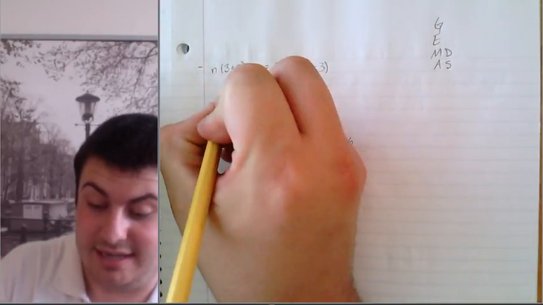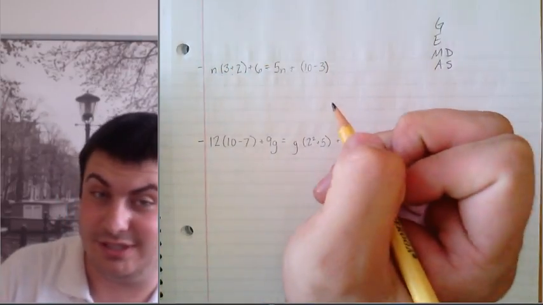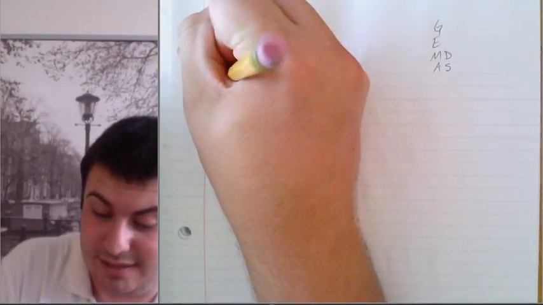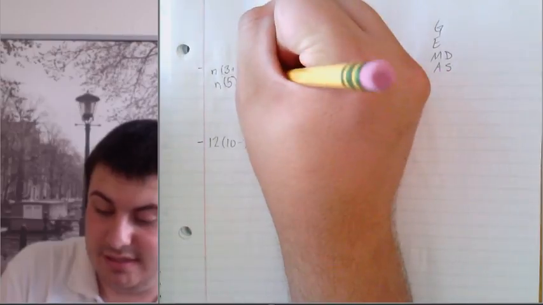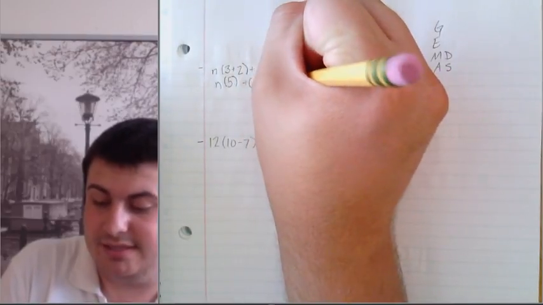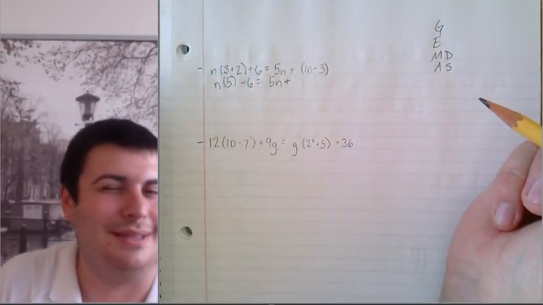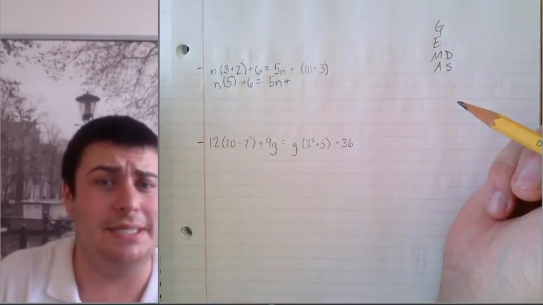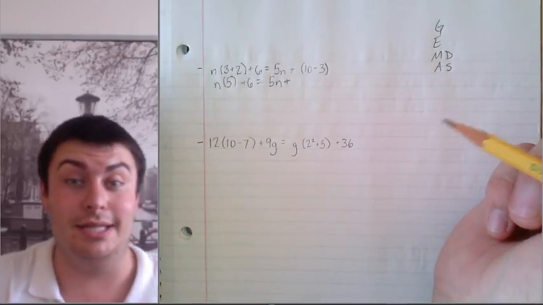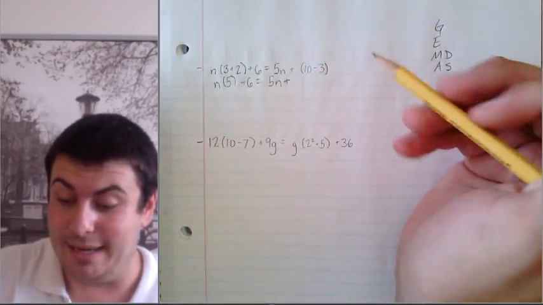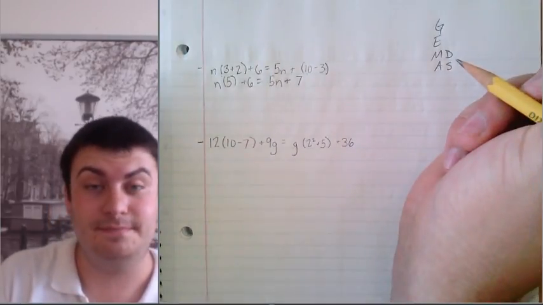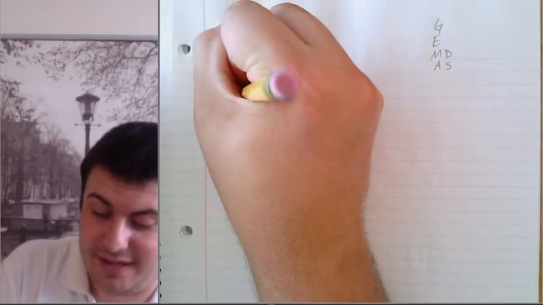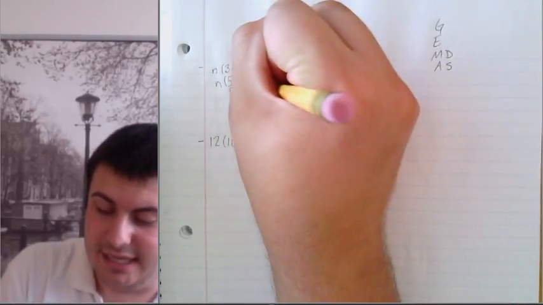So we have n times the group 3 plus 2, which, as I just gave away, is 5, plus 6 equals 5n plus... we can do this group at the same time as we did the other group. It's all in one group and they're all one step, luckily. So if we take 10 minus 3, that's going to leave us plus 7. So now if we look, we have 5n plus 6 equals 5n plus 7.